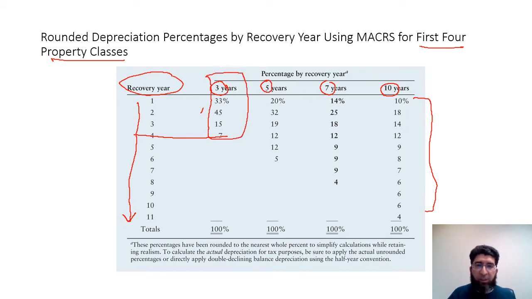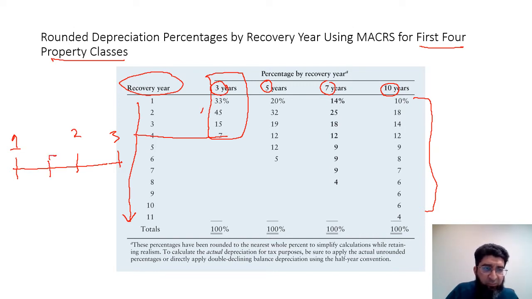It ends in 4 years. Now in order to understand this, you have to remember that under MACRS there is a first year, then second year, then third year. So MACRS, by virtue of the essence of the method, starts half yearly.